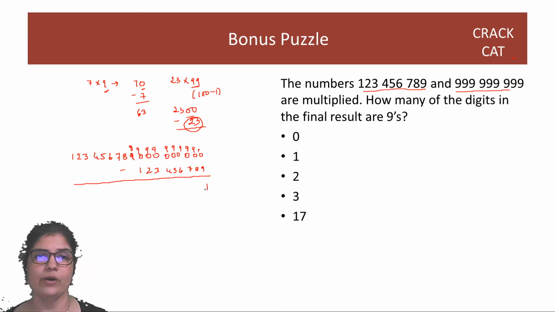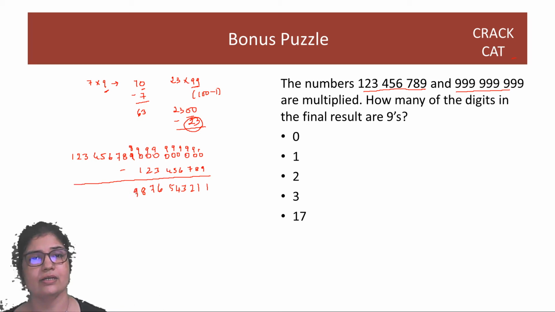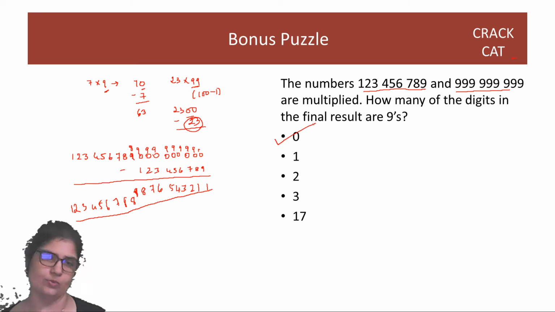So you'll get 1, 1, 2, 3, 4, 5, 6, 7, 8, and then, sorry, not 9, this will be 8 because this has become 8, right? And then 8, 7, 6, this number will follow down as it is. So how many 9s are there, guys? There is not a single 9, so the answer is 0.